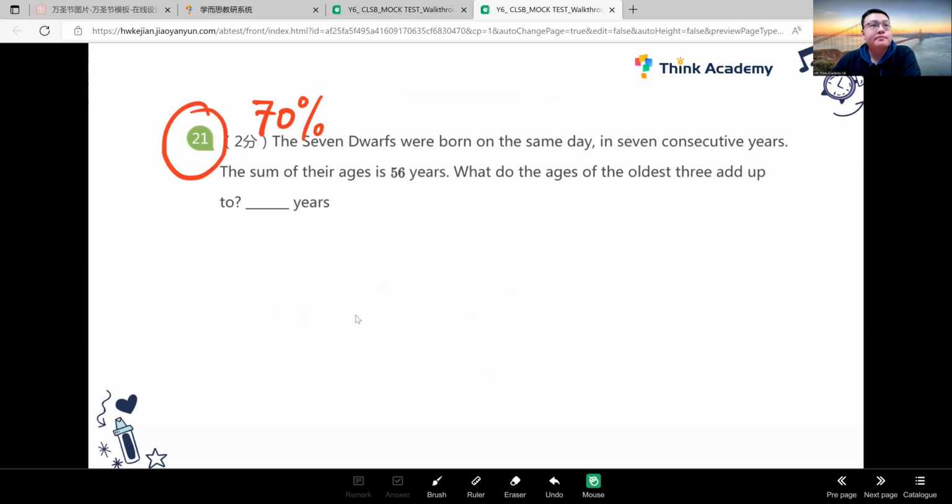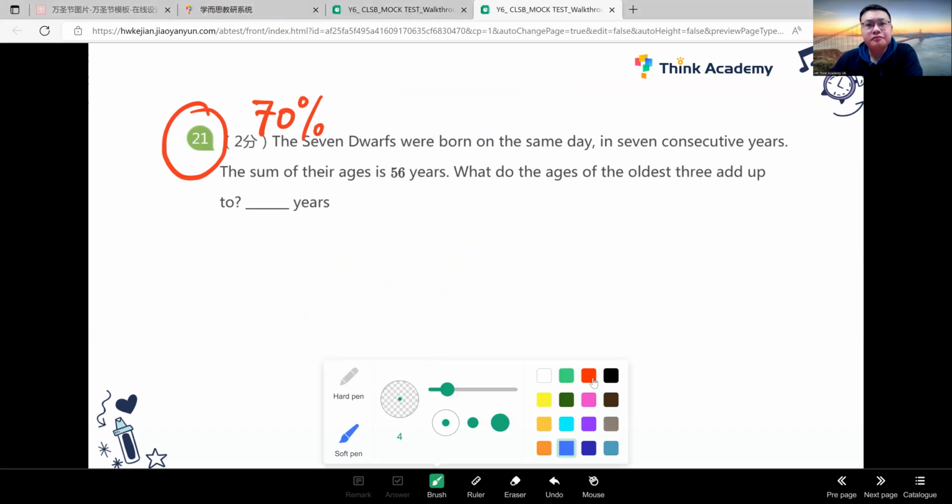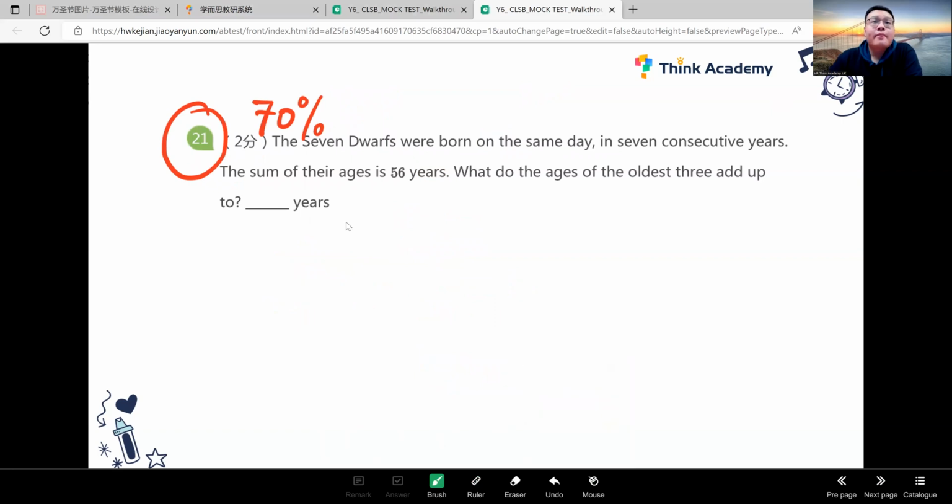Next question. So this one is also very easy if you remember the thing we learned in long-term courses, which is about the sequence. So what I first did is see what the sum of the 7 dwarfs' ages is.